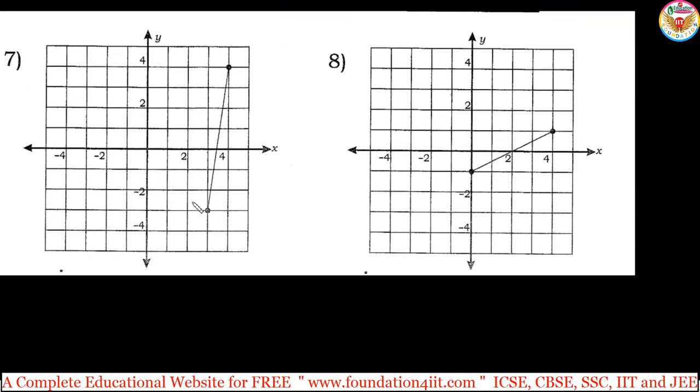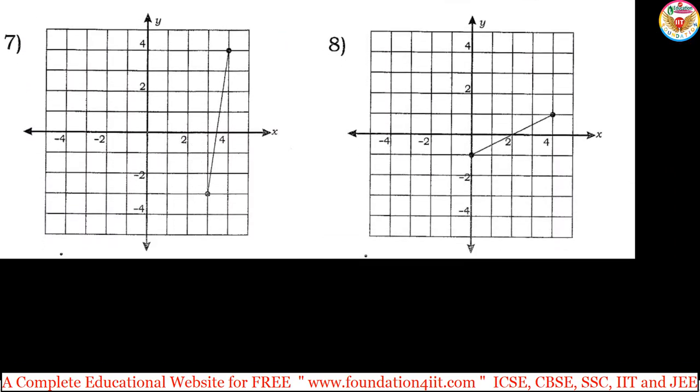Even in some problems I give diagram-based questions, like in the graph, we just plot those 2 points. They ask what is the distance between these two. The points are 4 comma 4, and 3 comma minus 3.